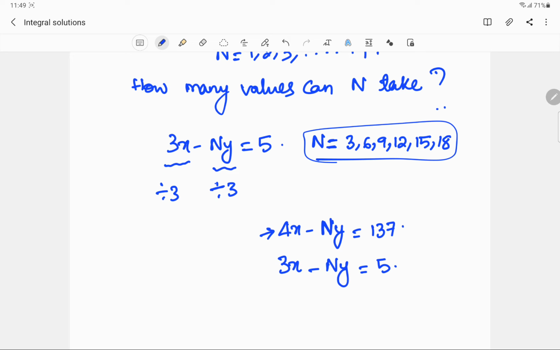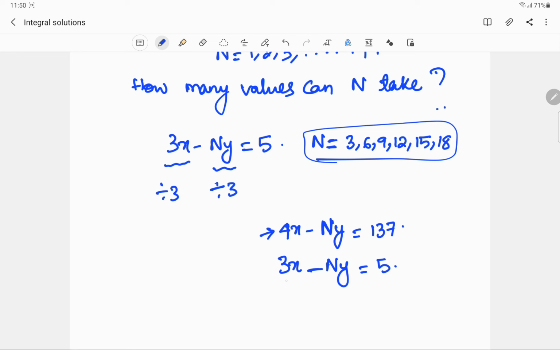In the second step, we saw that the first term is even, so we are going to get an odd here. In that case also we can find the values of n that make this equation have zero integral solutions. But in the equation 3x minus ny equal to 5, we haven't done that.